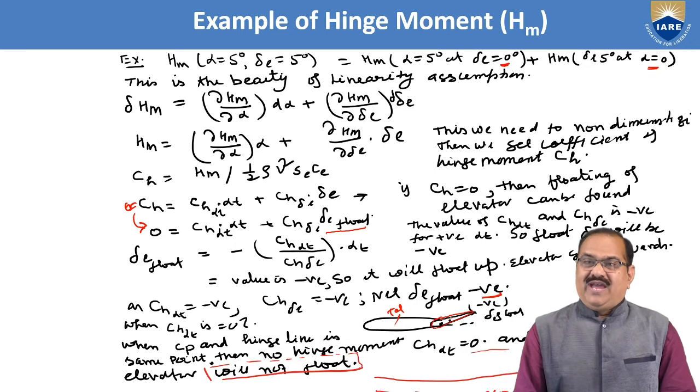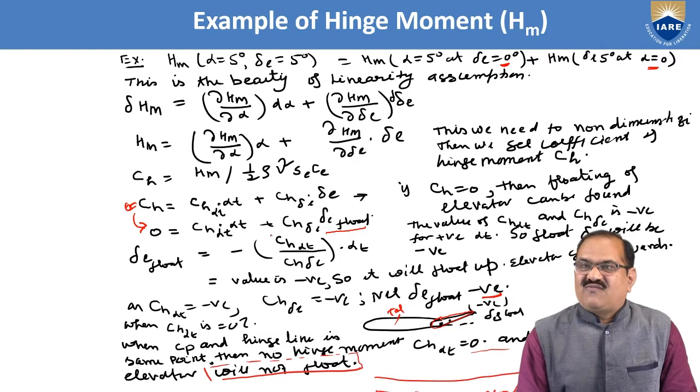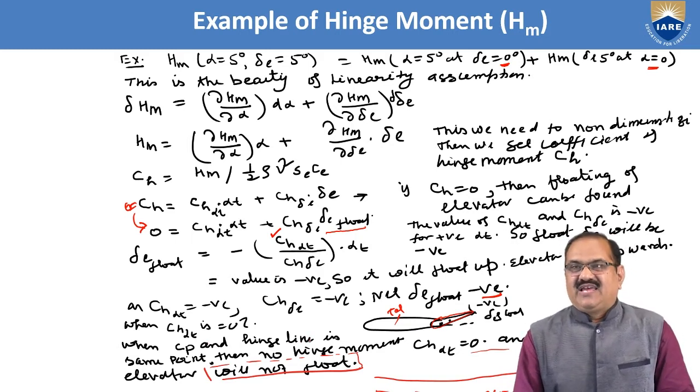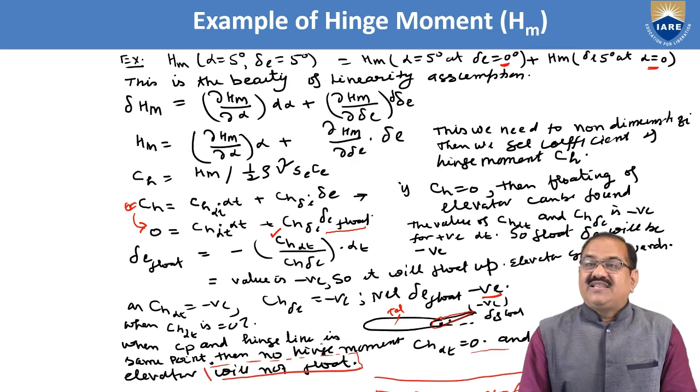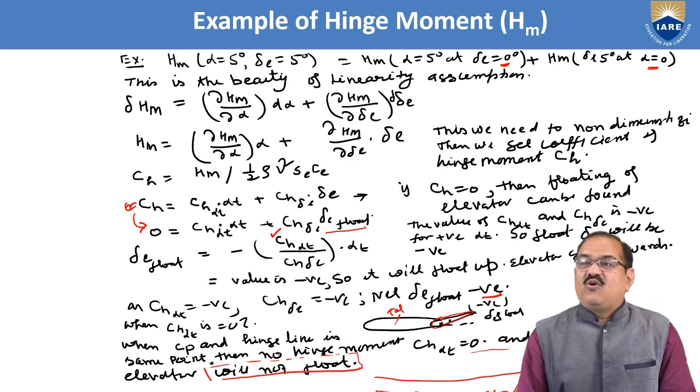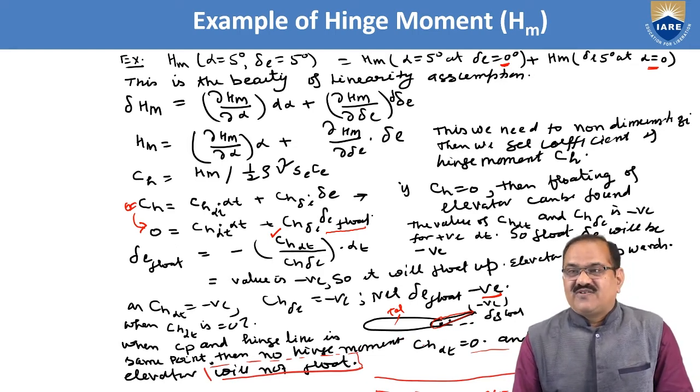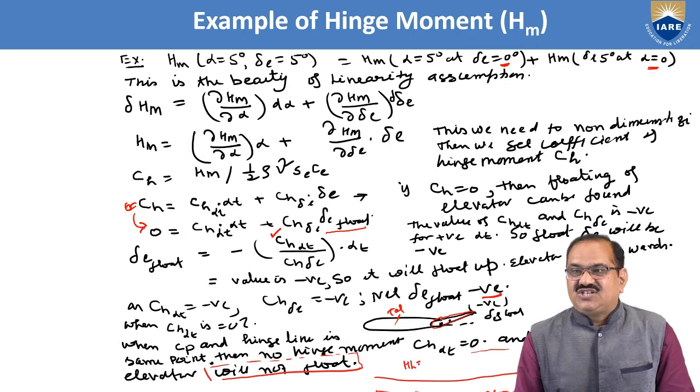So when CH alpha T is 0, what will happen? When the CP and the hinge line are at the same point, there will be no hinge moment. So the elevator will not float. If the hinge line HL is equal to CP, both at the same point, I will just explain what this means.